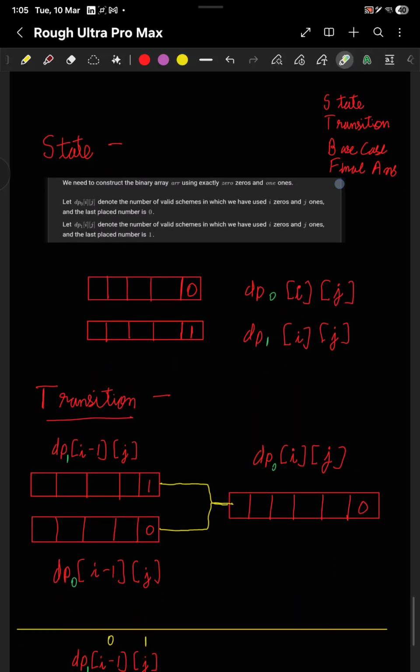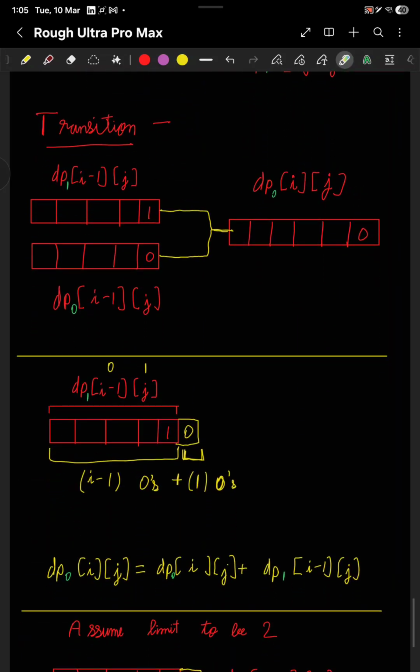Now that we have discussed our state, let's move on to our transition. So now I'll be finding the answer for dp of 0 of i comma j, and you could write it similarly for dp of 1 of i comma j.